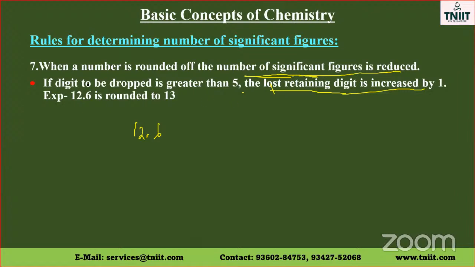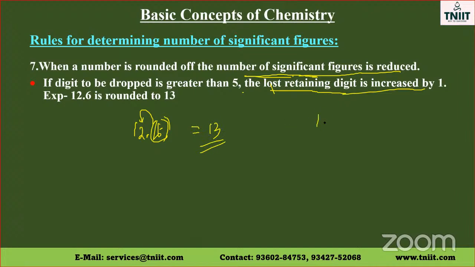The digit we dropped is greater than 5. The last retaining digit is increased by 1. For example, in this case, you can say 12.6. See, this digit has to be dropped, and this digit is greater than 5. When this digit is greater than 5, the last retaining digit is increased by 1. So the last retaining digit is 2 here, is increased by 1. So the answer is expressed in terms of 30.